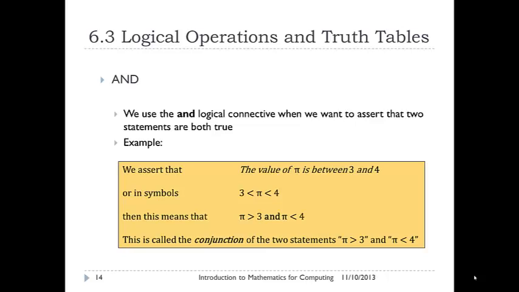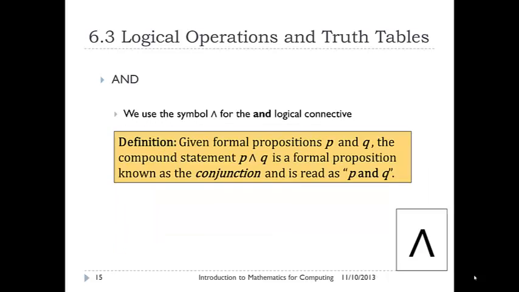We're bringing those two component parts together using the logical AND connective. In terms of the symbols we use, the symbol for AND would be an upside down V. If we see this upside down V, we read it as the AND logical connective.